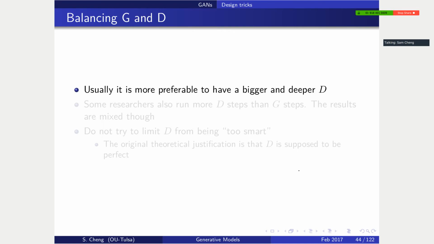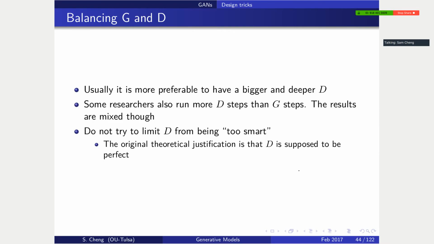What I want to say here is that we have G and D. But in practice, oftentimes it's more important to have a good D than a good G, or I shouldn't say that, but it's really important to have your D be good. Never try to limit your D so that you think it's too smart. For example, you always cannot train a generator such that it can fool the discriminator.